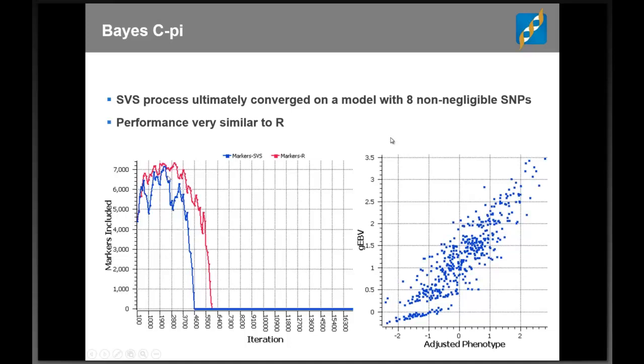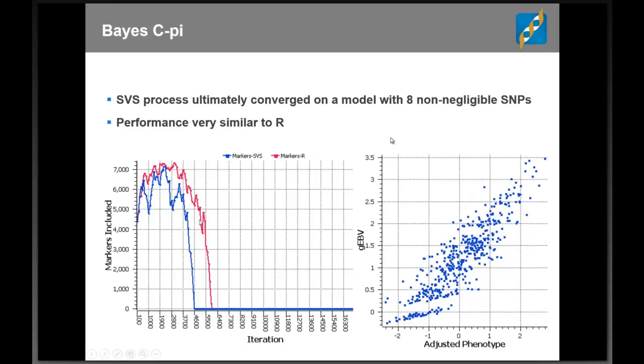But as it continues through the process, eventually it starts to converge on a very small number of SNPs. In this case, we saw there were 6 or 7 that had non-zero effects for the most part.